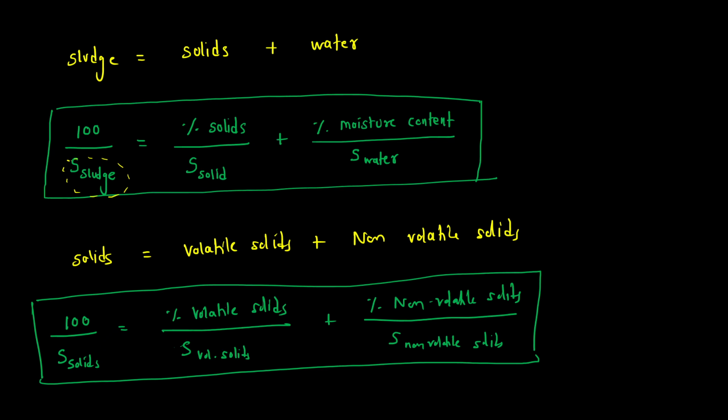Now how to find out the mass or weight or volume of sludge? For that we will have to go to the next slide. So this thing which I have drawn here, we'll name it as sludge digester.